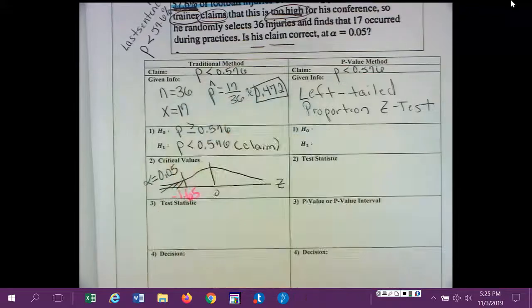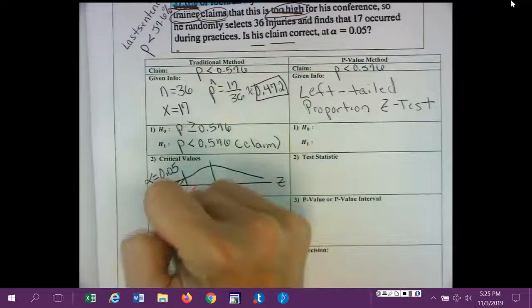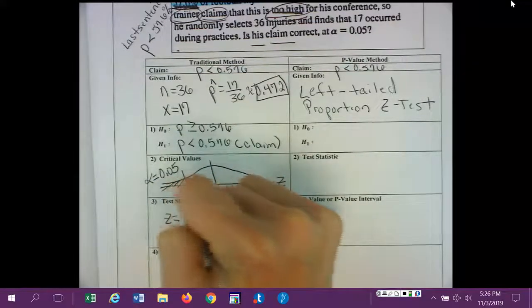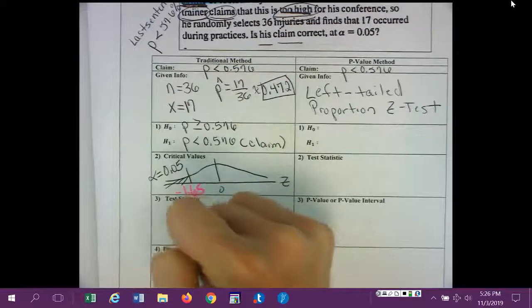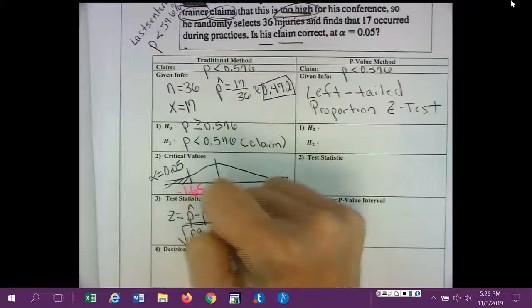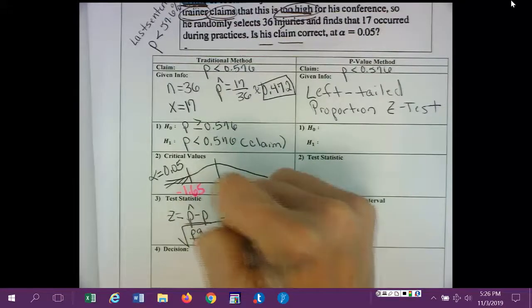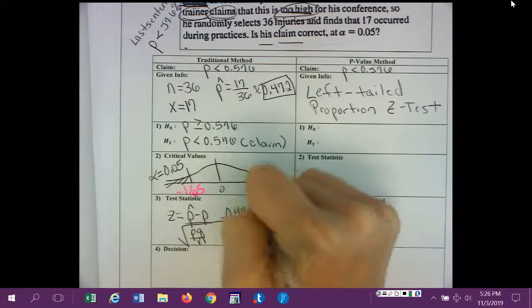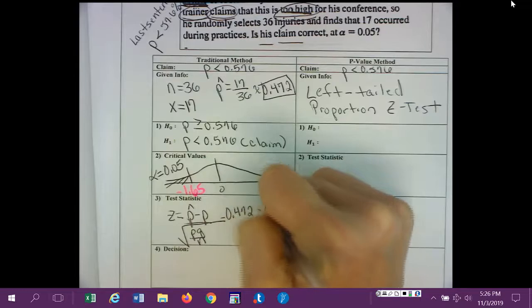Okay? Test statistic. P hat minus P, over the square root of PQ over N. So we used a rounded P hat of 0.472 minus P, which is 0.576.